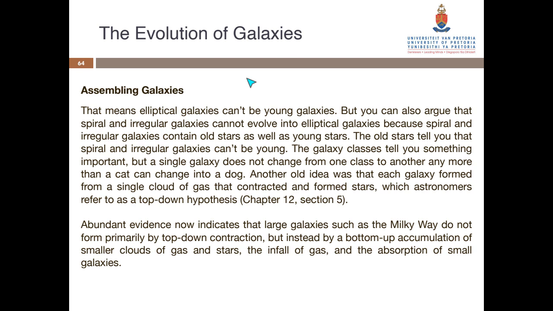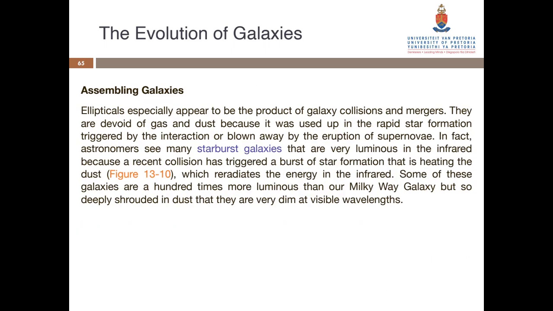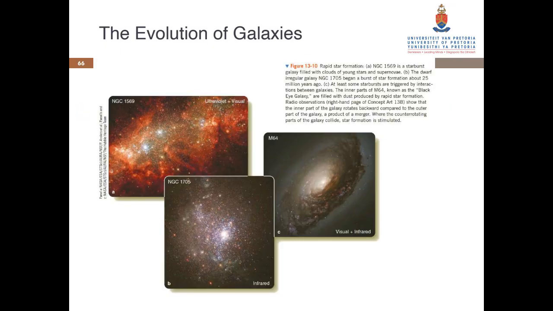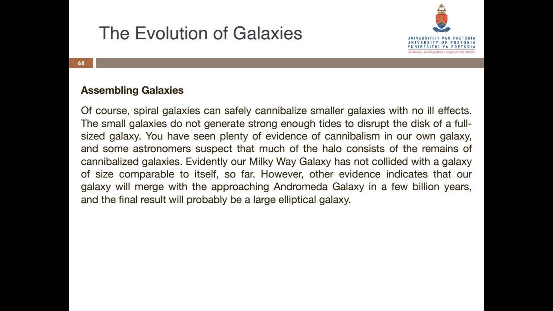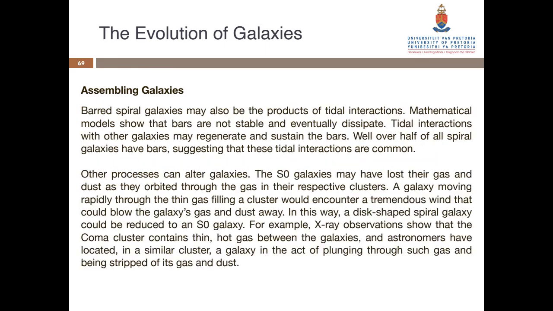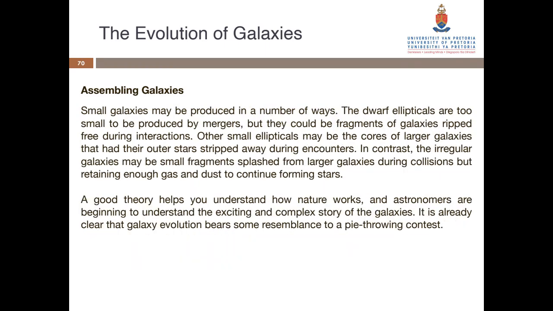When it is dormant, it has a non-active galactic nucleus, and when it's active, it has an active galactic nucleus. We can usually see this in the radio spectrum, so some galaxies are dubbed radio galaxies. We abbreviate active galactic nuclei as AGNs, and only a few percent of galaxies are active, but their activity makes them especially prominent.